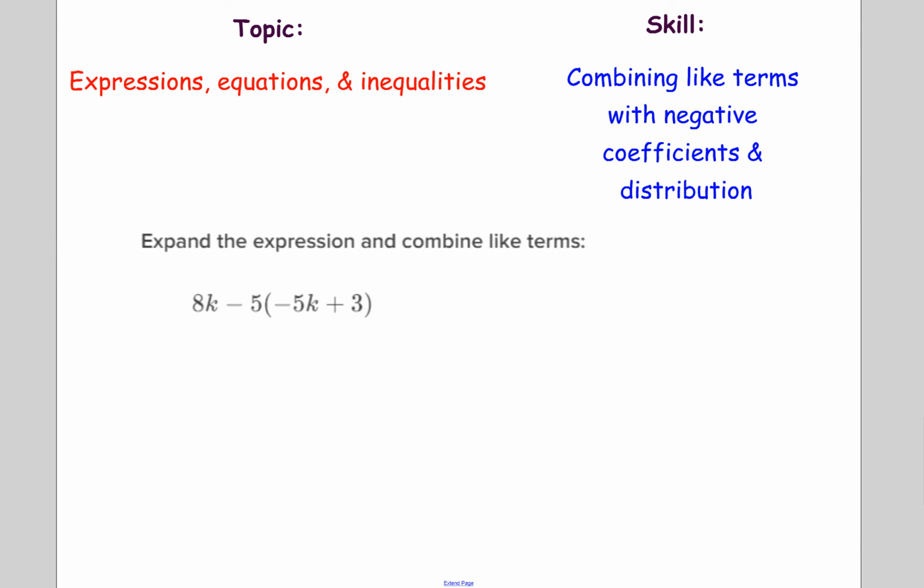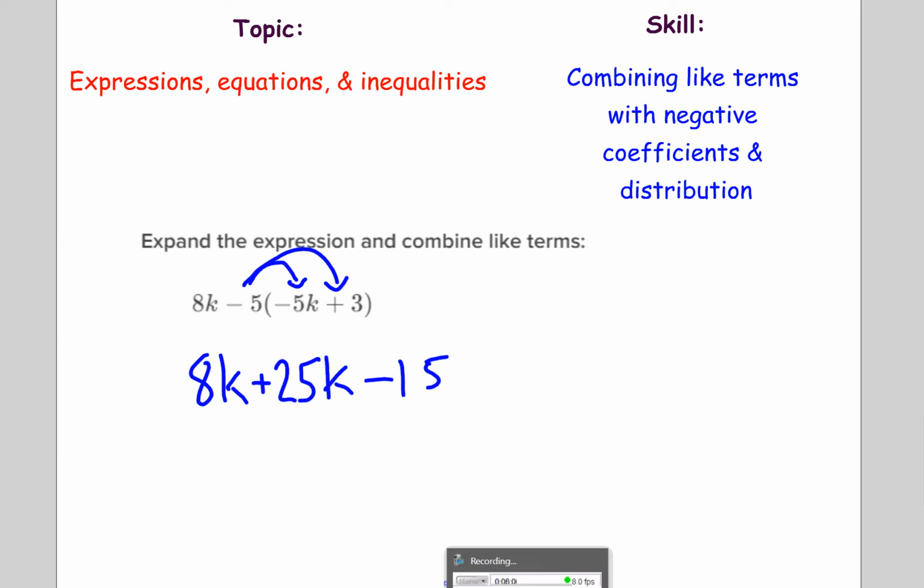Yep, there's one more. All right, combining like terms with negative coefficients in distribution. Once again, what's the number that's being distributed? Negative 5 times negative 5k and negative 5 times positive 3. So 8k would come down. Negative times a negative is a positive, and 5 times 5 is 25k. And negative 5 times positive 3 is negative 15.